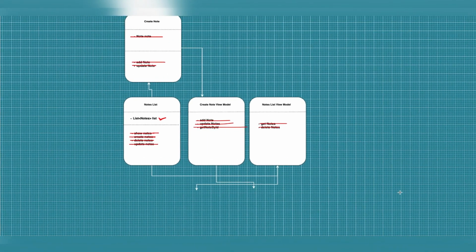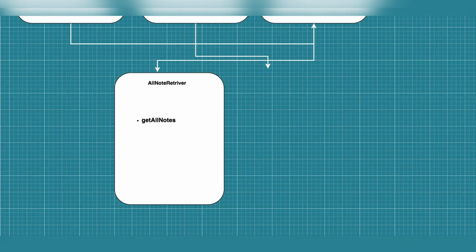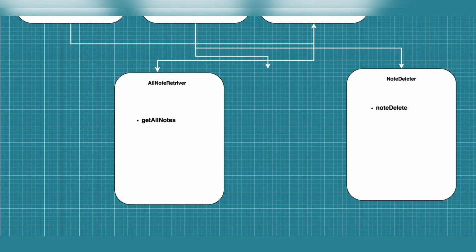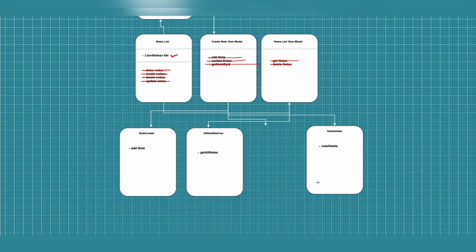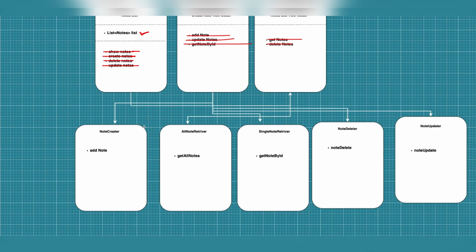So to keep our business logic organized, we have a few interfaces. Things like add note, get all notes, get note by ID, delete note and update note. Now you might be thinking, why not just pull all of these into one class since they are all about notes? Well, good question. The reason is we are following the SOLID principles.